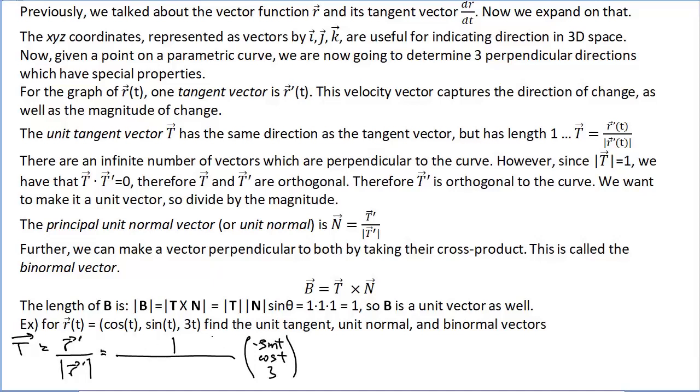So we'll say times 1 over the square root of negative sine t squared plus cos t squared plus 3 squared. And so there is your T, your unit tangent vector. And then subsequently, we could follow the formulas to find N and B. The calculation is quite long.